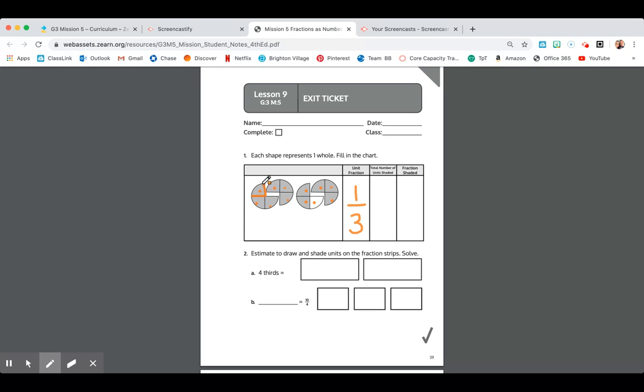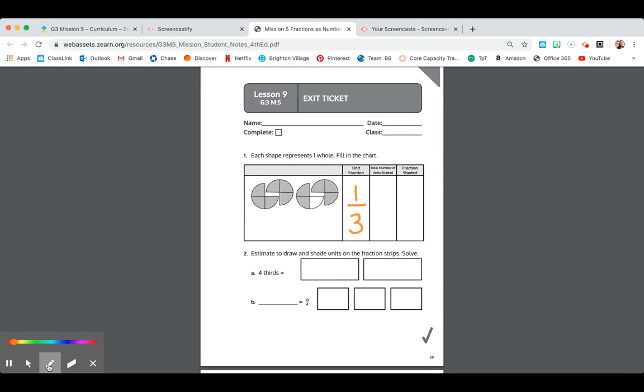This is 1/3, just as each of these pieces represents 1/3 of the whole. The total number of units shaded. Okay. So we know each piece is 1/3.